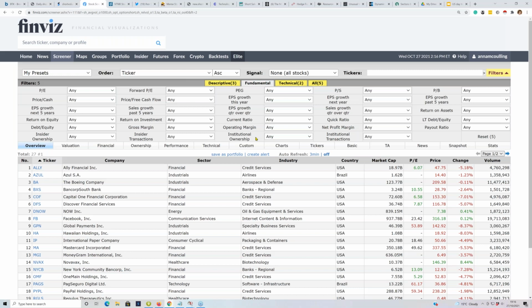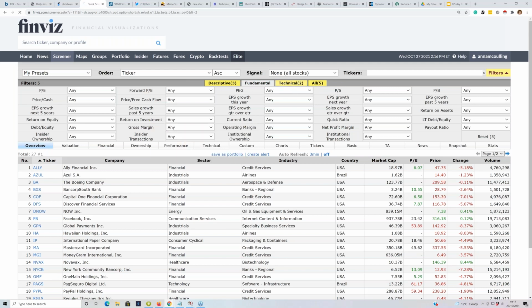But you really wouldn't pay a lot of attention to, say, earnings per share, or the return on assets, or the return on investment, and what have you. And the nice thing about this screener is it's a great learning resource. You just highlight it and it explains it to you, so you don't have to go off and search.